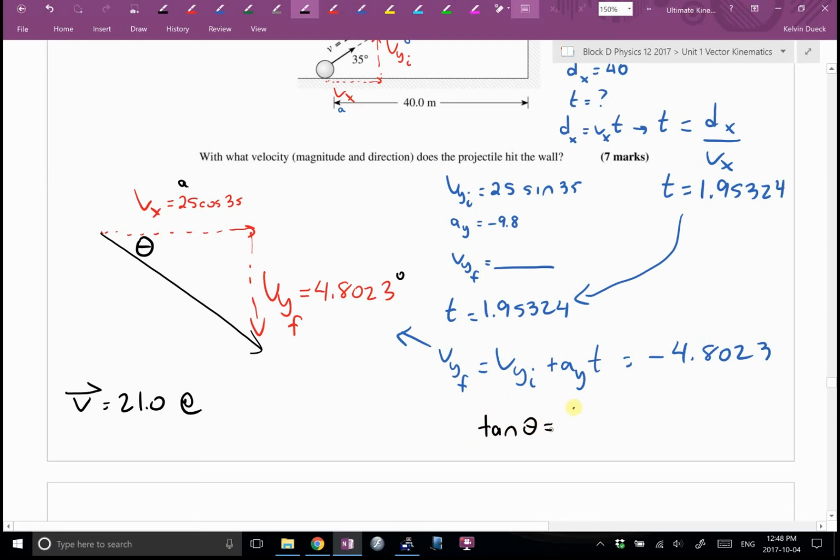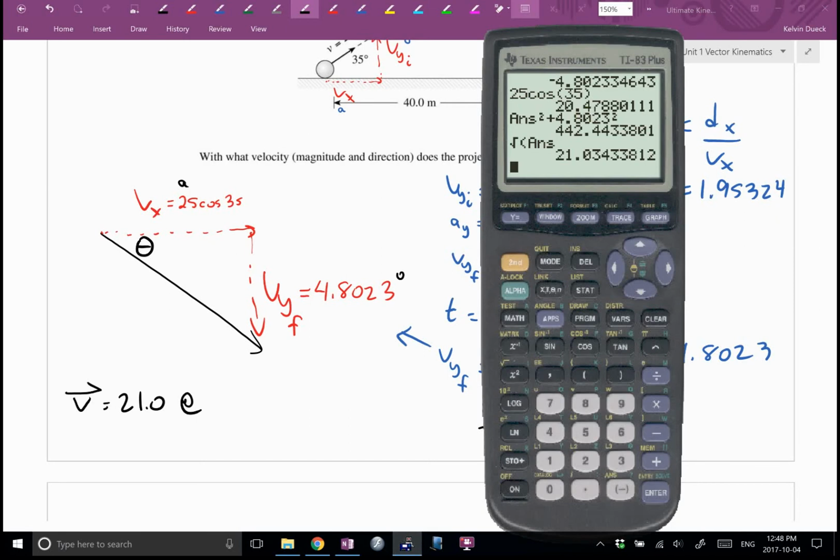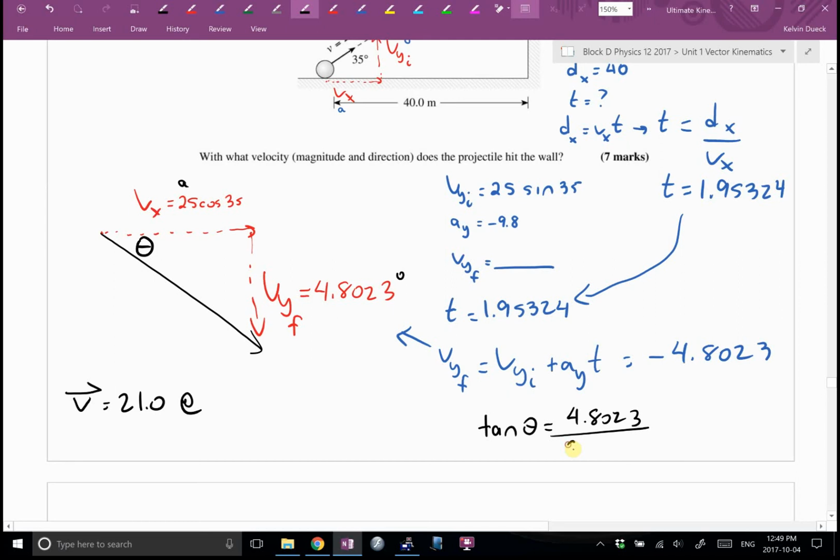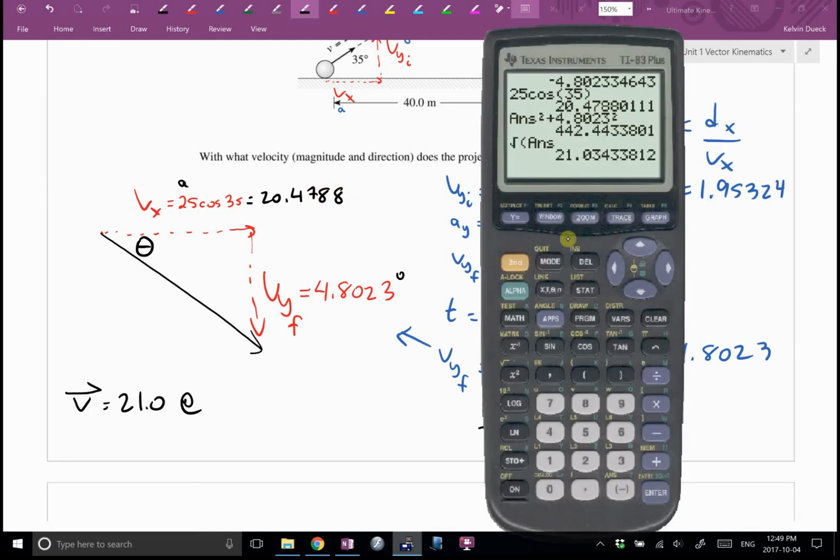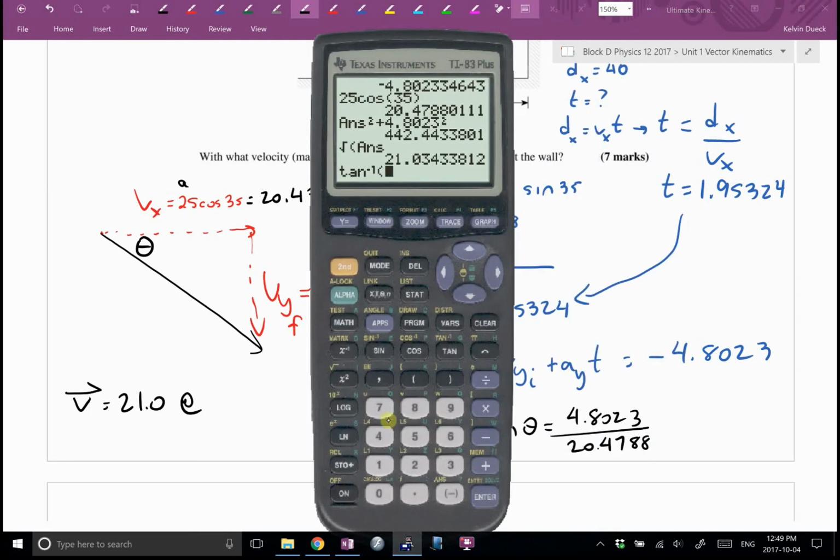Tan theta is going to be 4.8023 over 25 cos 35, which was 20.4788. And I get 13.2 degrees.